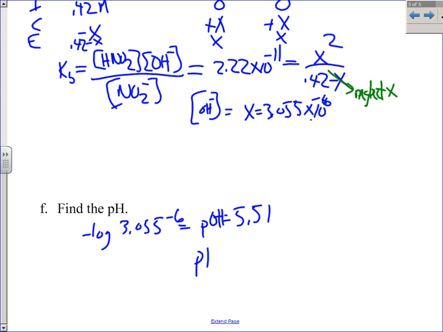So pH would equal 14 minus 5.51, which is 8.49. That makes sense because at the beginning we said that NO2 minus was a weak base and this is a Kb reaction, so we would expect a pH greater than 7.